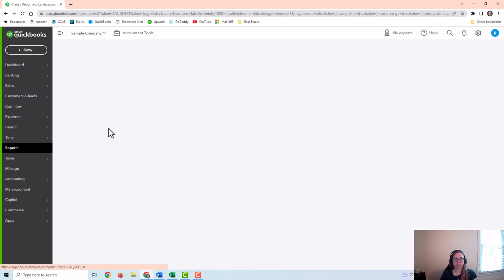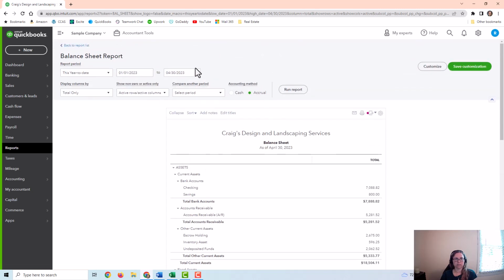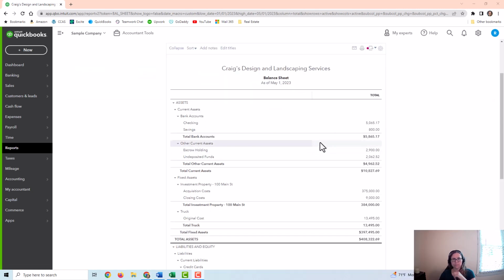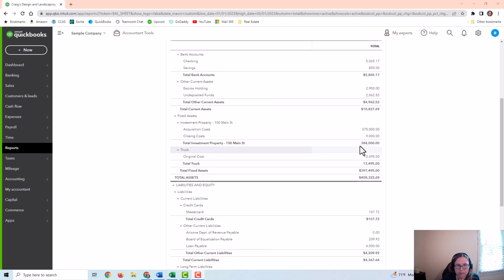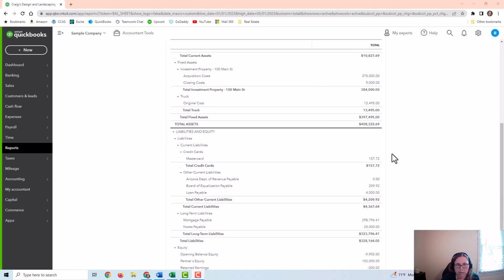And then on my balance sheet, let's just look at that. Okay, so I have escrow holding of 2,900 right now. My property, this is not going to change from month to month. Total cost was $384,000.